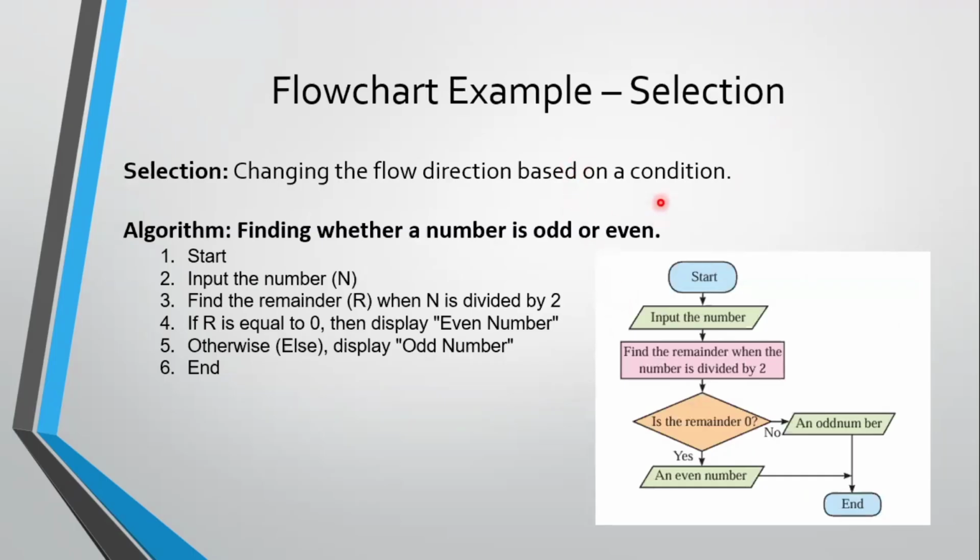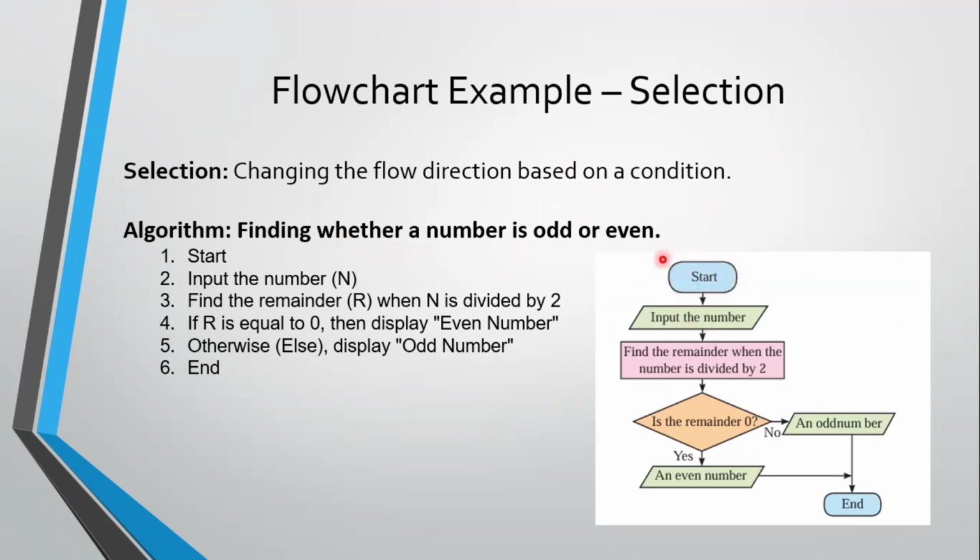Now let's look at a selection flowchart, the selection control structure. This is about decision making. We want to know if a number is odd or even here.